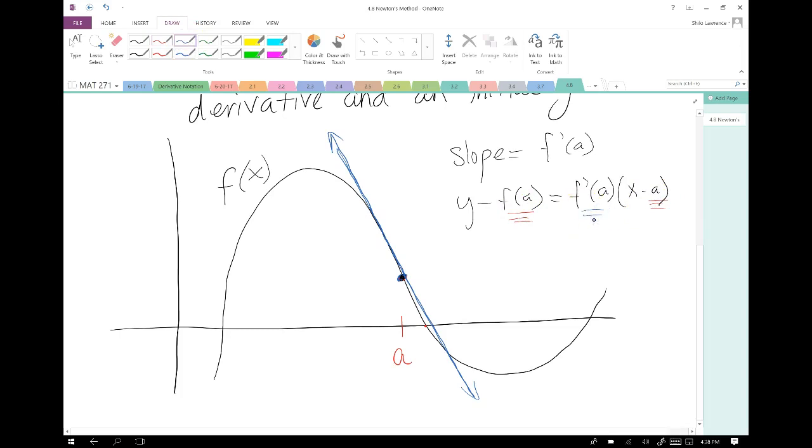What Newton's method says is the intercept is an even better estimate. If we find the intercept of that tangent line and follow that down to the function, that is an even better estimate for where the zero is on that function. And if you look at the picture, it actually is.